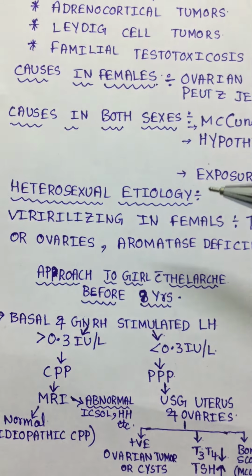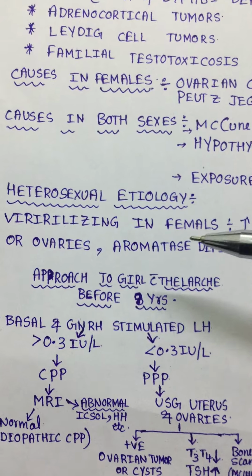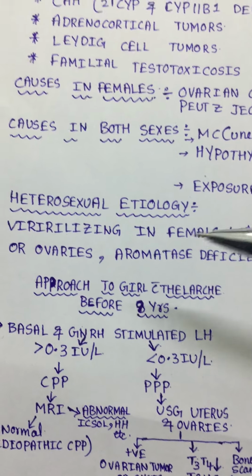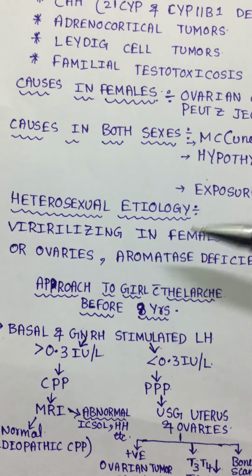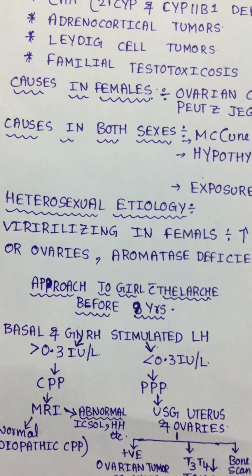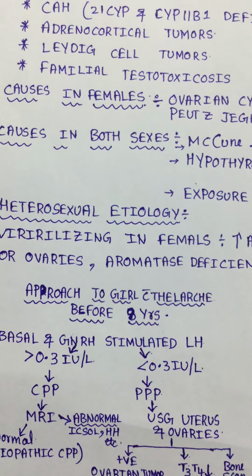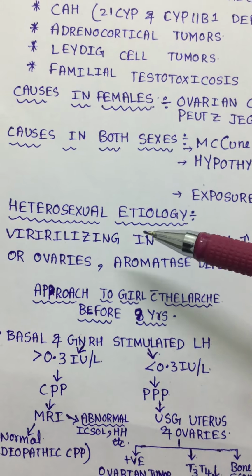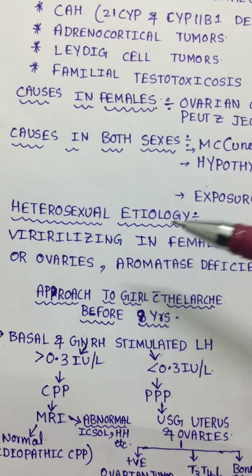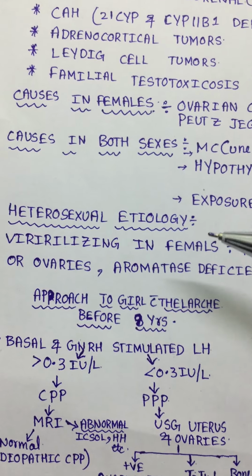Next we will go to the heterosexual etiology. Heterosexual etiology is virilization in females and feminization in males. If females are exposed to virilizing androgenic hormones from the fetal or neonatal period, they will have external genitalia like males. So it is heterosexual because the females will have male external genitalia.